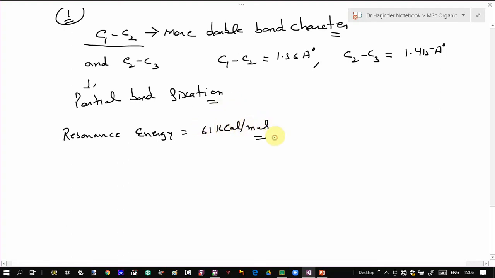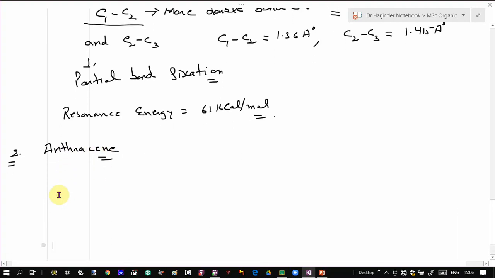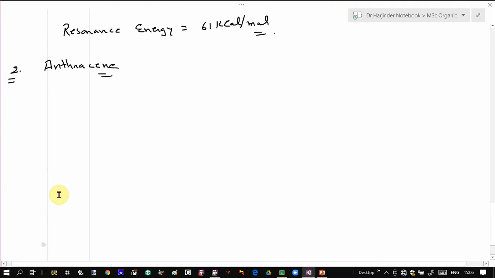Now let's take the second example of a benzenoid aromatic compound, which is anthracene. In anthracene, three benzene rings are joined together.